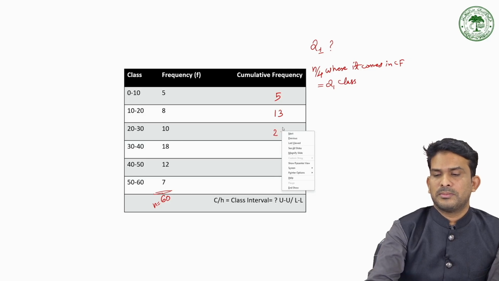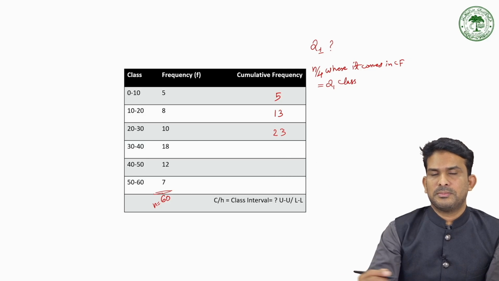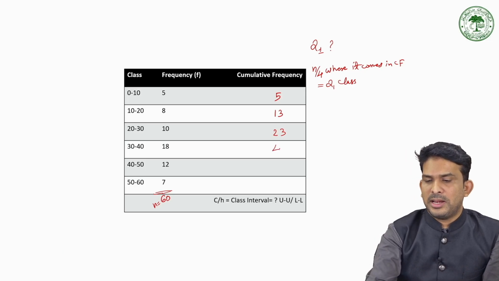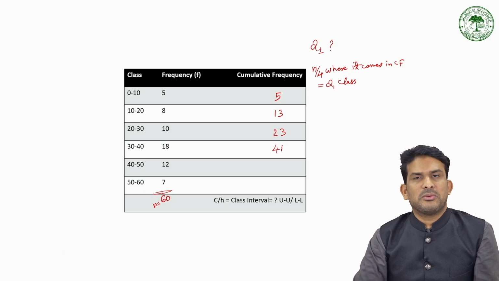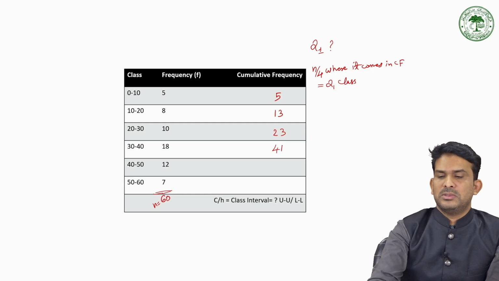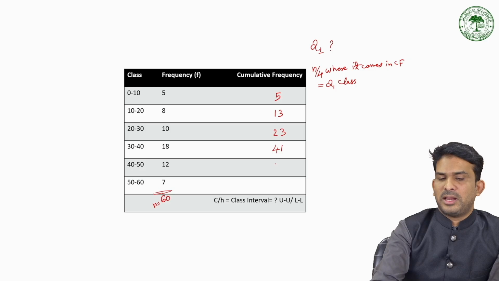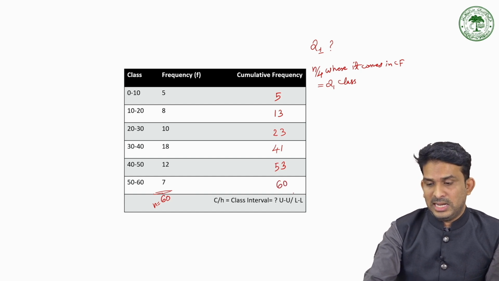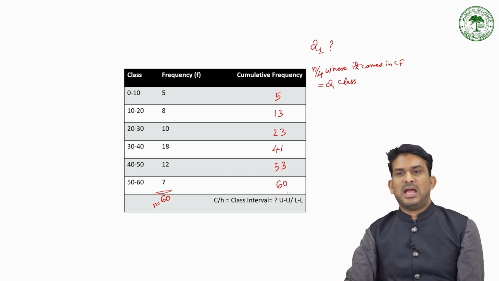Next again 18 to be added as the corresponding frequency, so it comes as 41. Now adding for less than 50, it is 53. Less than 60, we have 60, that is the total frequency we have.